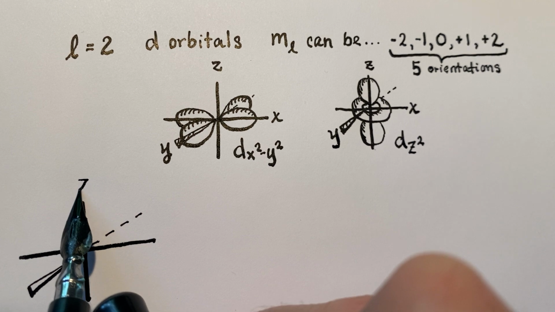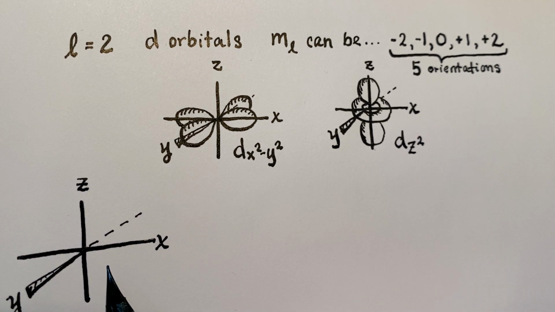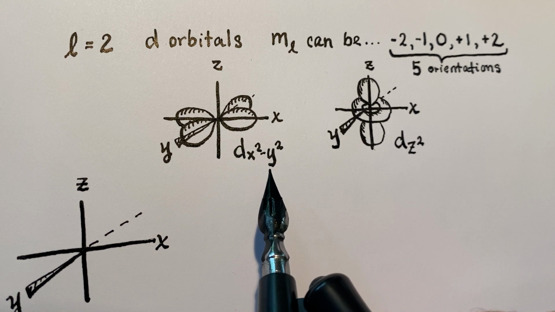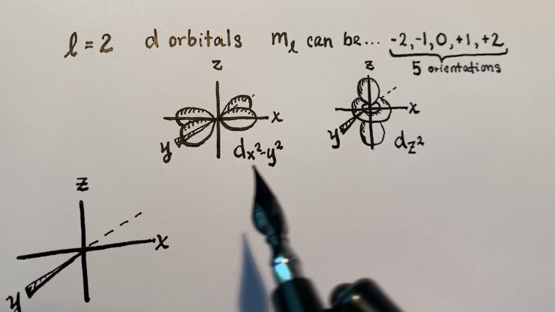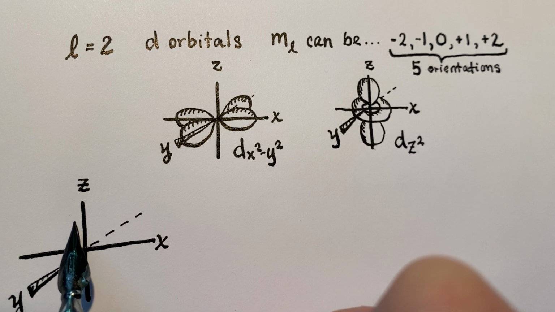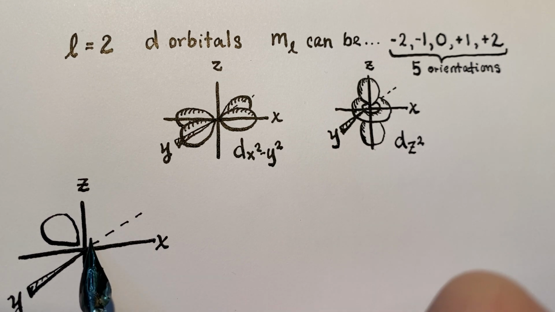The main difference here between the orbitals I'm about to draw and the dx squared minus y squared is that for this one, the lobes lie on the axes, and for these, the lobes lie between the axes. So that means that the nodal planes are on the axes, so all the electron density is found between the axes.